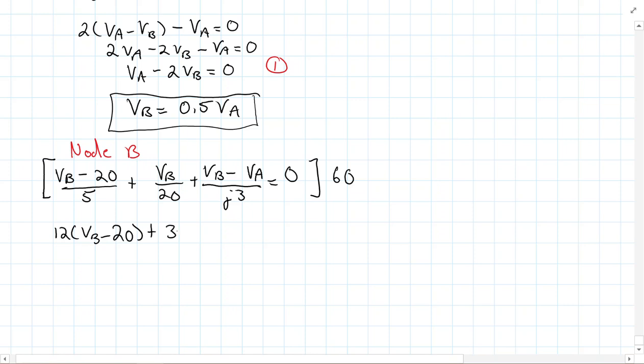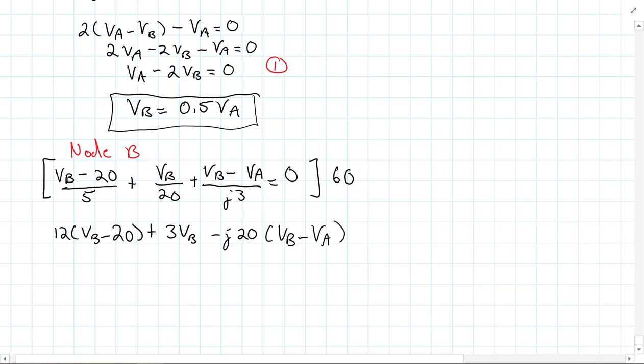plus 3 VB plus, careful here, it'd actually be minus J20, right? Because 60 divided by J3 is minus J20, times (VB minus VA).